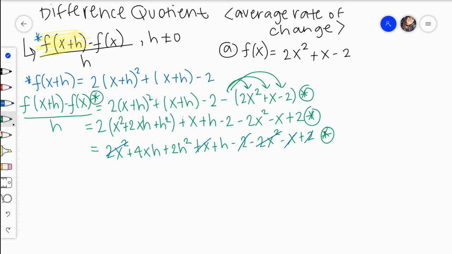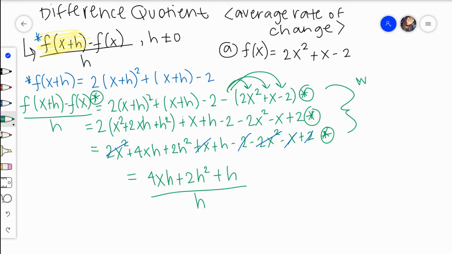So now it looks like I've gotten to a point where I can actually write what's remaining in the numerator, and I'm going to put it over the denominator. So all of this was me working only with the numerator.